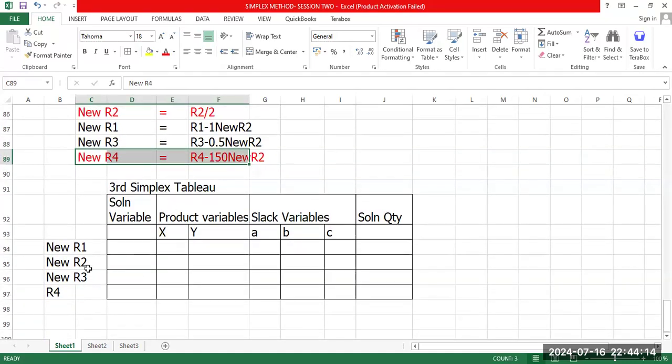Someone's telling me new row 2. What can I write here? Which value? We have 0, then the next one, 1, then the next, 0. Next, 0.5.